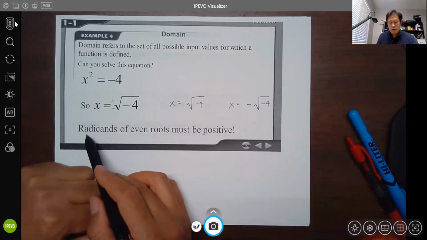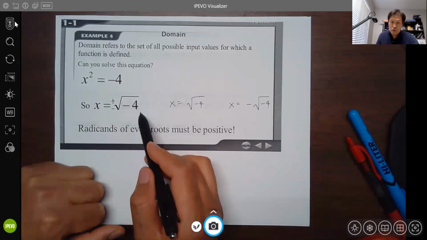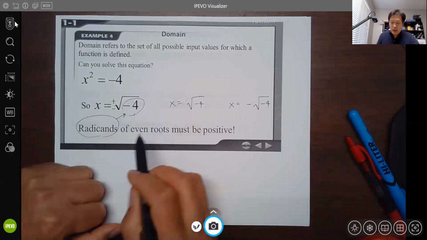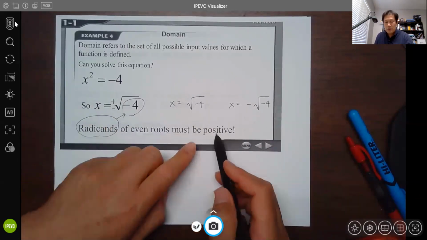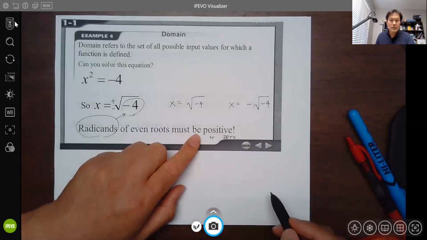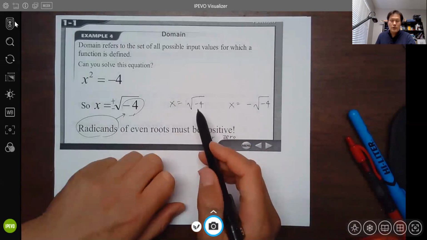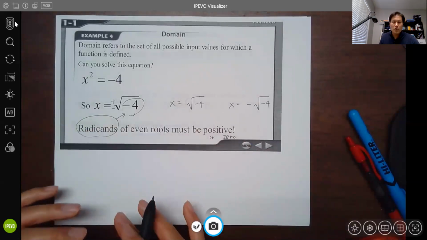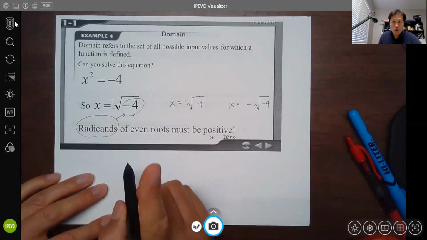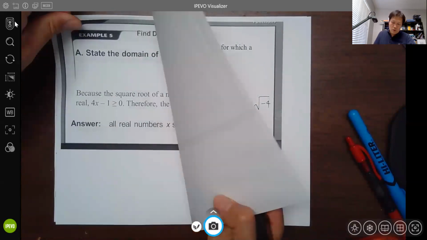So we say the radicand, what's inside the root, of even roots must be positive or 0. It can be 0, it can be positive, it cannot be negative. So that brings in important information for domain. What is the domain? There are two very popular domain questions.